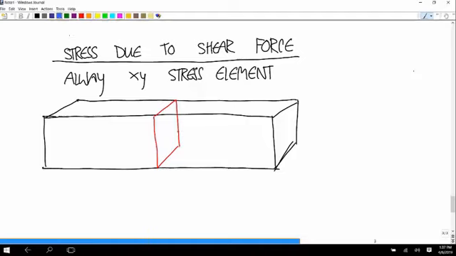And let's say that we're looking at a set of stress elements like that, okay? Can you see what I'm trying to draw here?